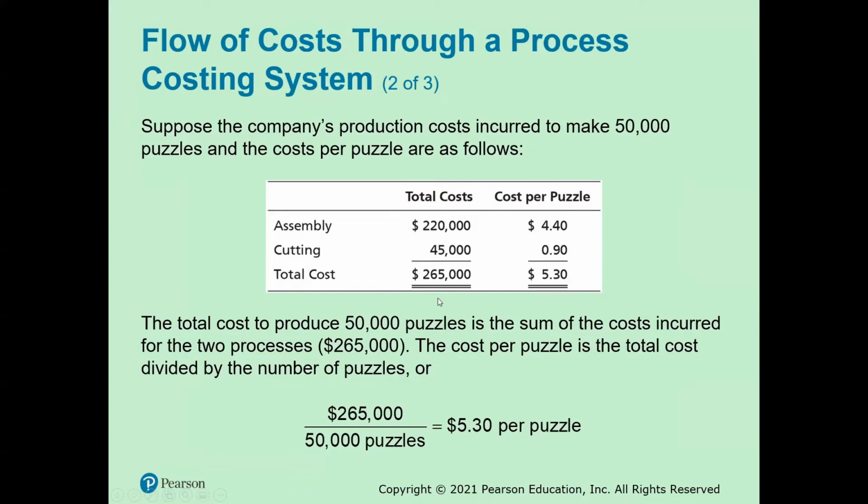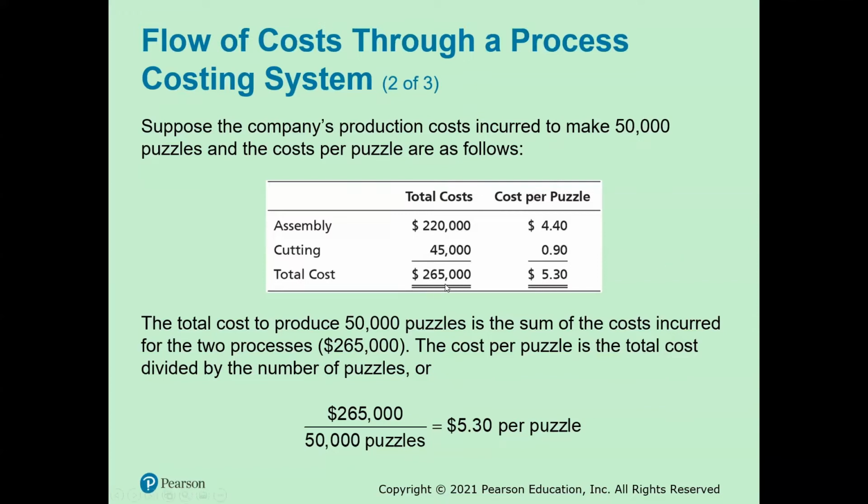So the total cost is $65,000, and the cost per puzzle with both the assembly and cutting process is $5.30. So the total cost to produce 50,000 puzzles is the sum of the costs incurred for the two processes, which is $265,000. The cost per puzzle is the total cost divided by the number of puzzles.